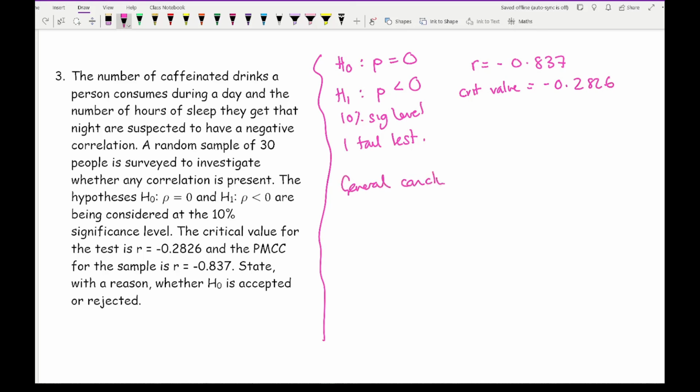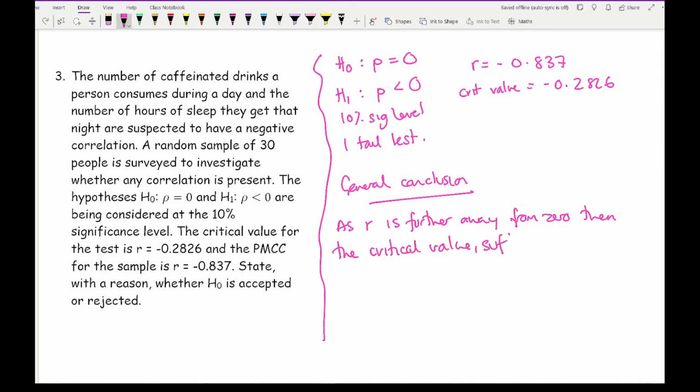So in terms of the general conclusion, what does this mean? Well, it means that as R is further away from 0 than the critical value, there is sufficient evidence to reject H0.